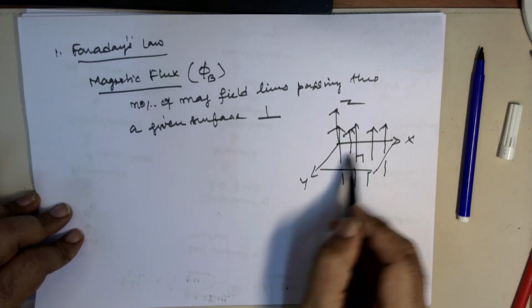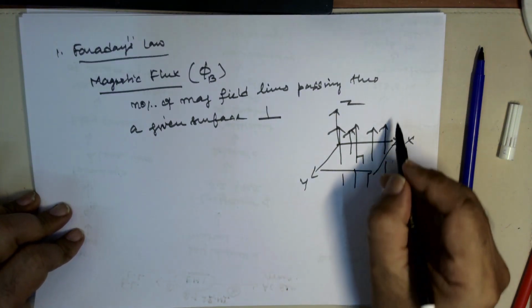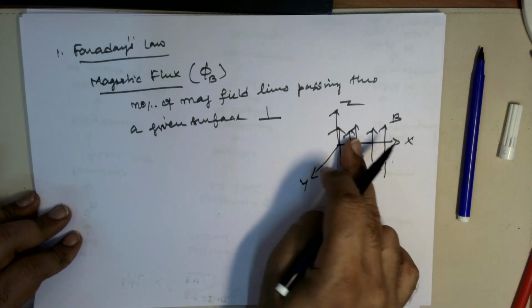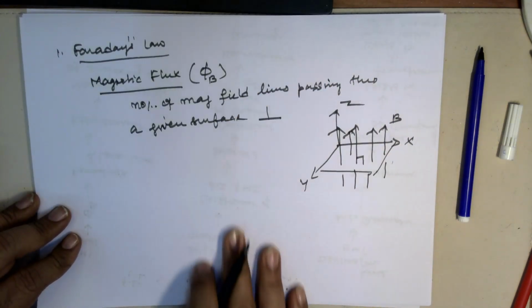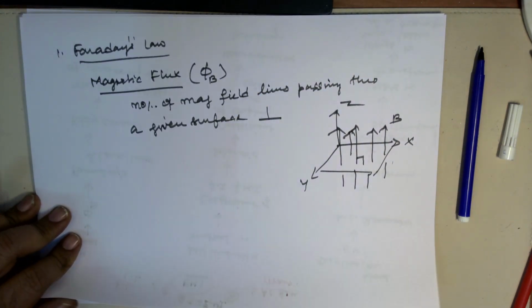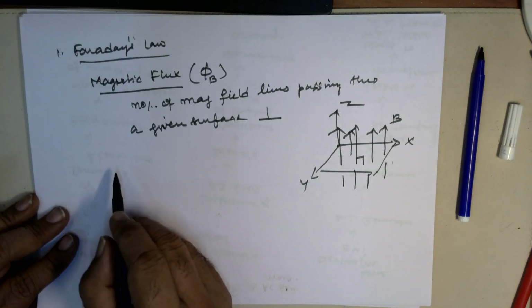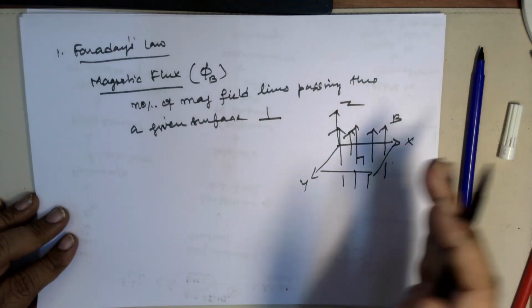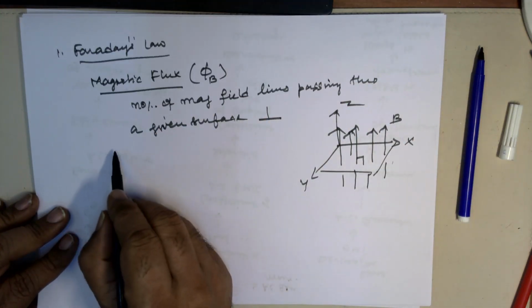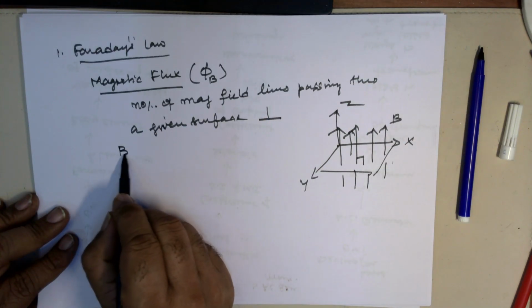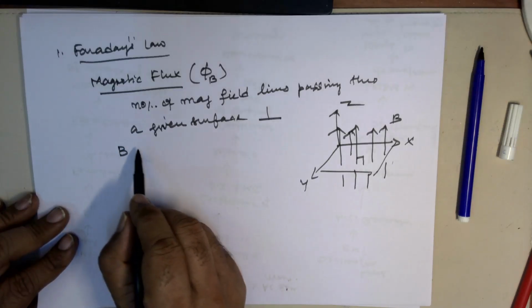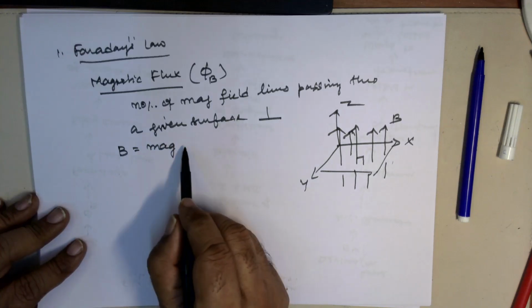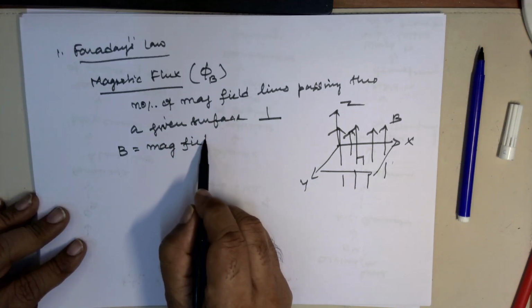Perpendicularly to the plane, these are the magnetic field lines. This is the surface area which the magnetic lines are passing perpendicularly. And you know very well from north to south the magnetic field lines are passing, and the magnetic field strength is indicated by B. So B is the magnetic field, or it can also be called field strength.